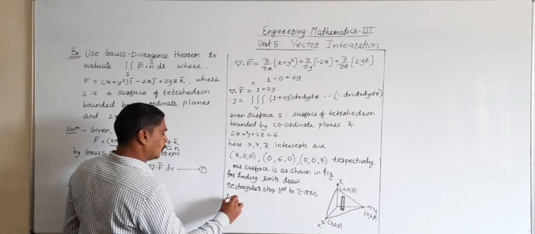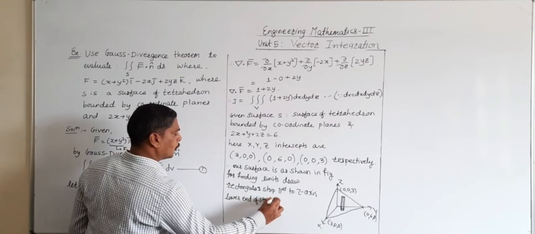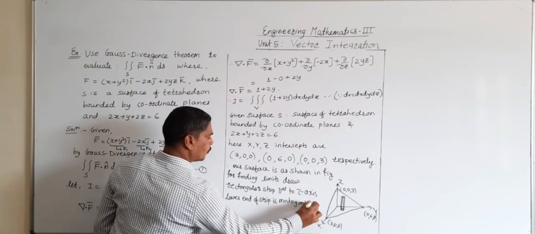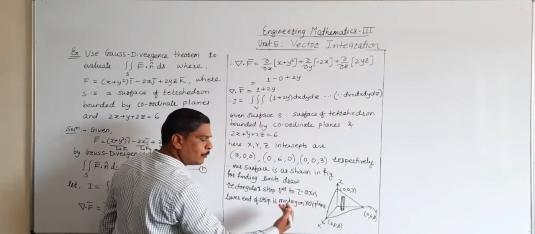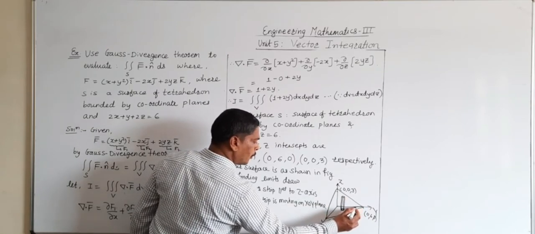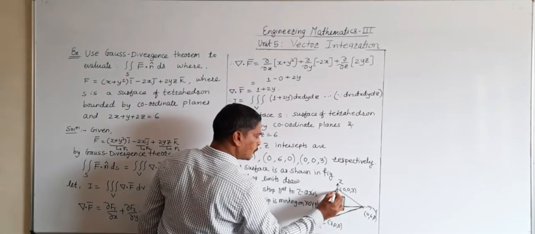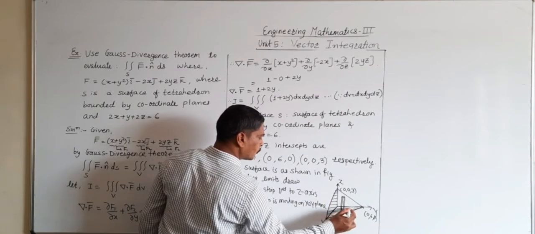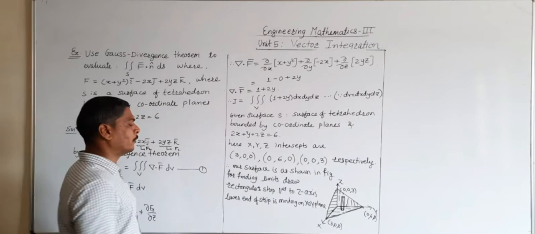The lower end of the strip is moving on the xy plane, right? After moving this strip in our region, the lower end will move in the xy plane. So this is our shaded region, this is our surface.